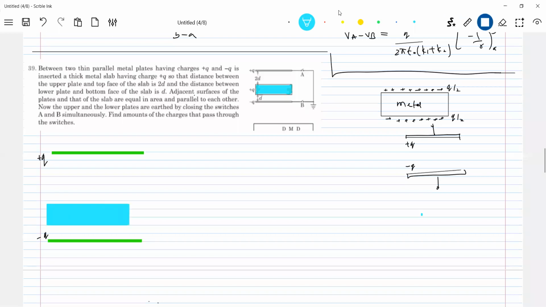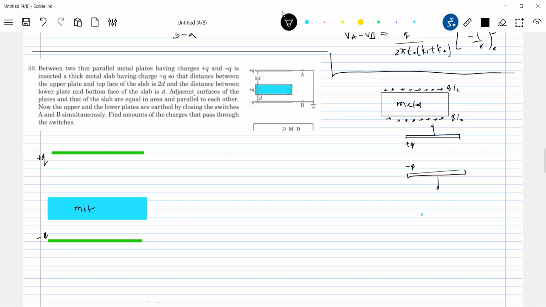So it will be like this. Now proceed like this. Any induction will occur. So this was the metal plate. What was the charge? It was Q by 2. The plate's charge was Q. If you want, you can make this vertical also. It doesn't make much difference here. So what are the charges that will be induced?